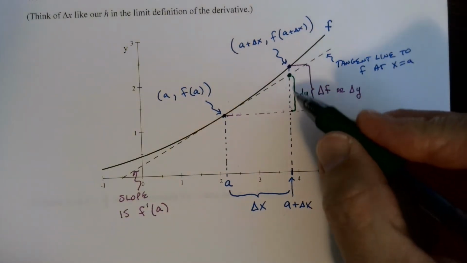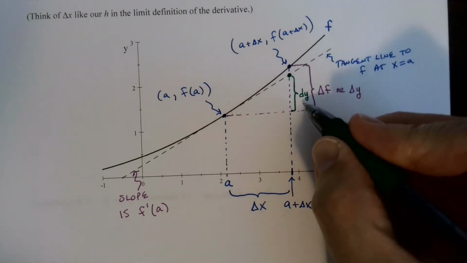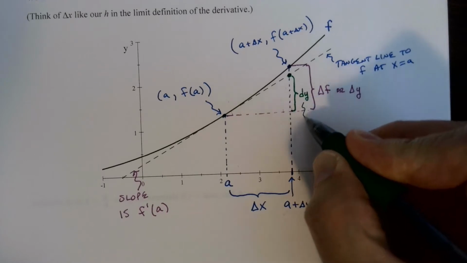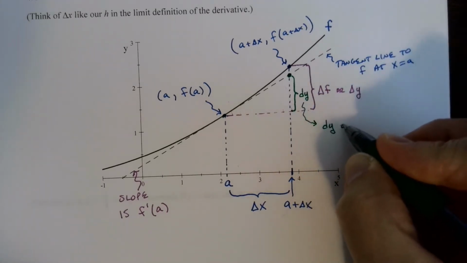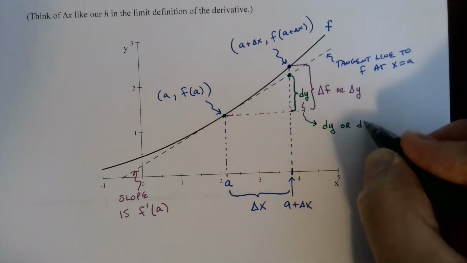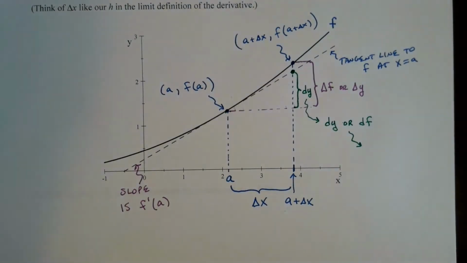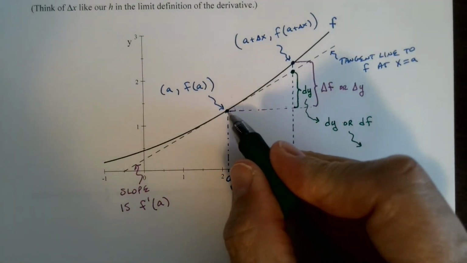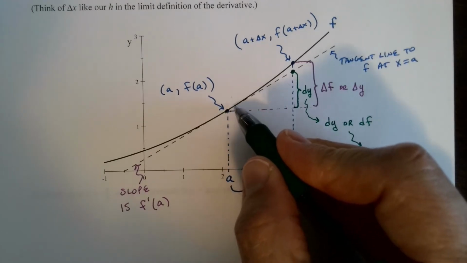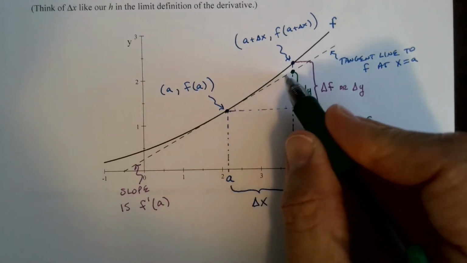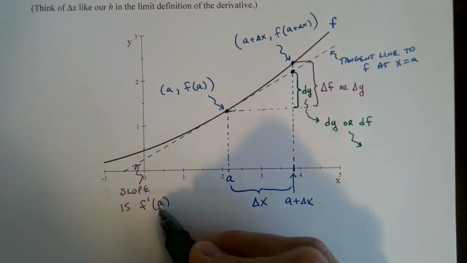So what would the value of dy be? And we'll talk about why we call it dy. It kind of sounds familiar, doesn't it? So we've got dy or df. What is that thing equal to? Well, I know the slope of this is f prime of a. That's the change in y over the change in x, right?